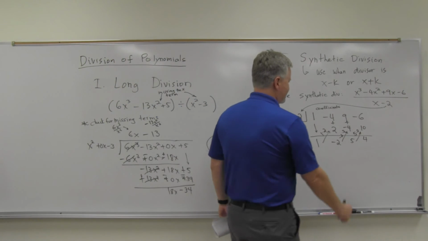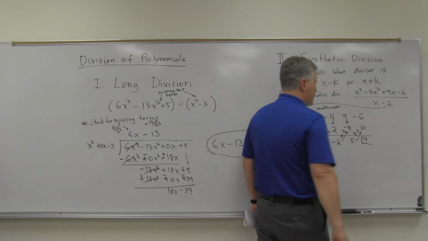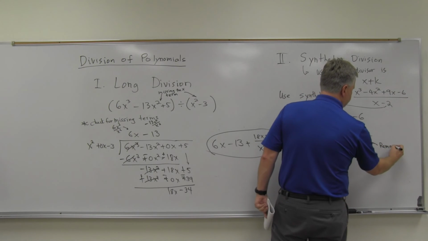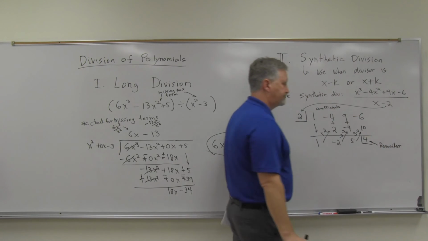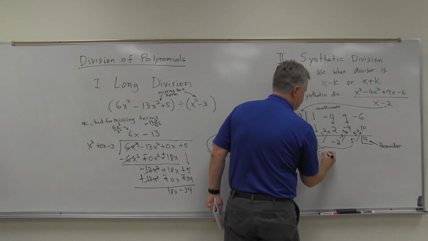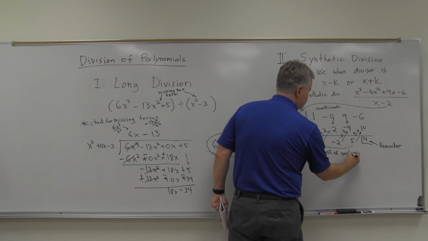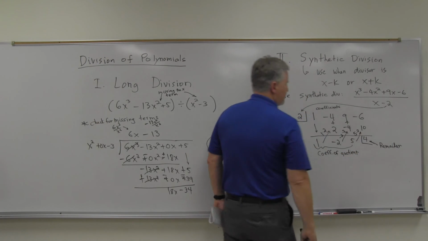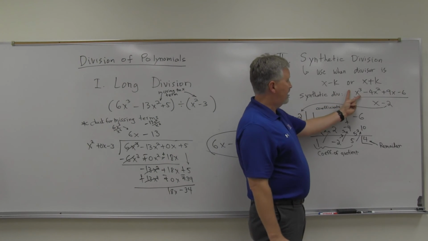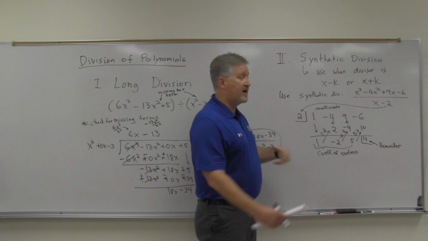Well, good news is, this gives me the remainder and the quotient. If we block that one off, that 4, that's going to be our remainder. These are going to be coefficients of the quotient. Looking back, I started with x cubed and divided by x, so the quotient comes out one less power.